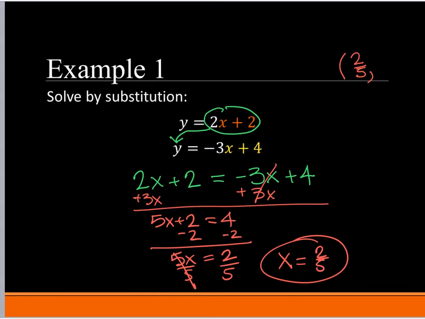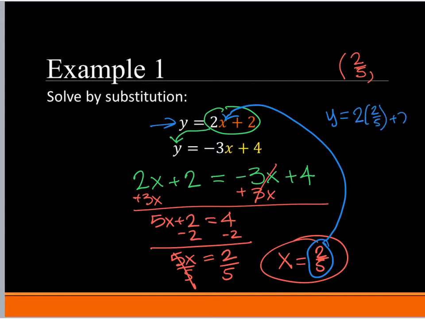Now to solve for my y coordinate, because I have y by itself up here, I'm going to take this value and plug it in for this x. And again, it doesn't matter which equation I use in this case. So here I have y equals 2 times 2/5 plus 2. So 2 times 2/5 is really 4/5 plus 2. And when I add fractions, I need to get common denominators.